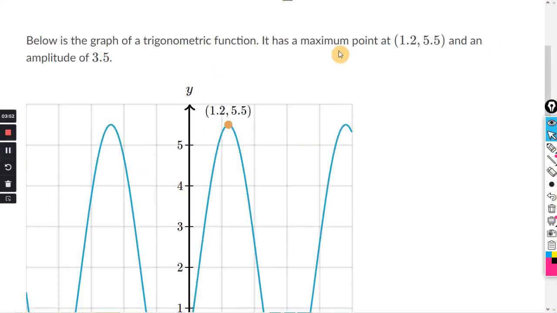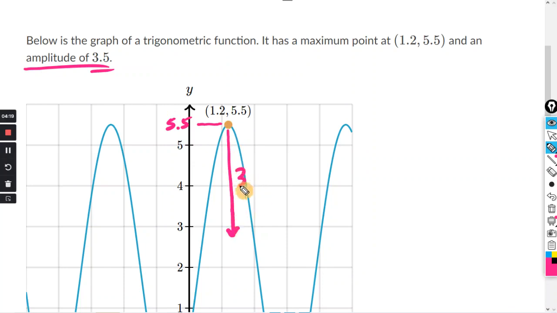The max point's y-coordinate is at 5.5, so we know this point is at 5.5, and the amplitude is 3.5. If we go halfway from the max to the min, we travel a distance of 3.5.